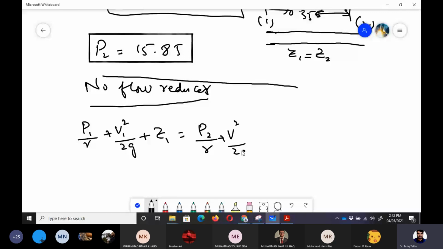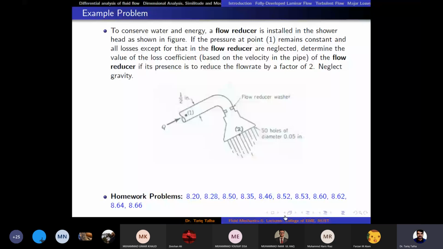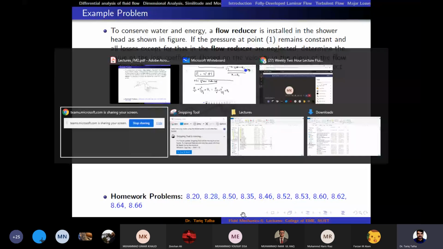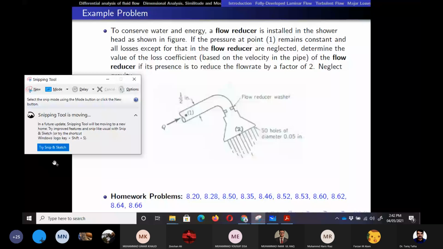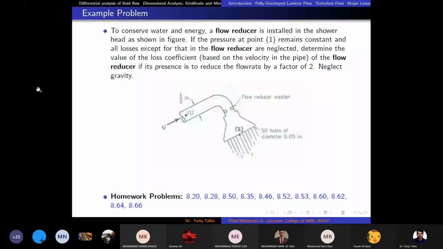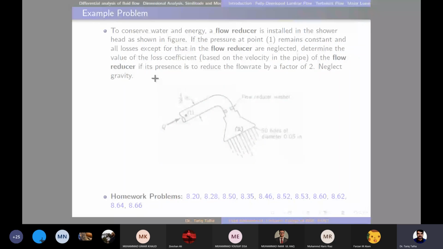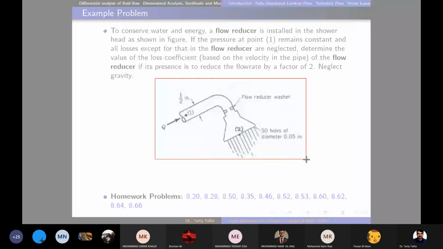Okay, let me get this figure here, so that you know what is 1 and 2.